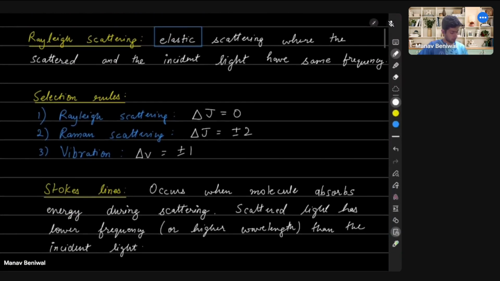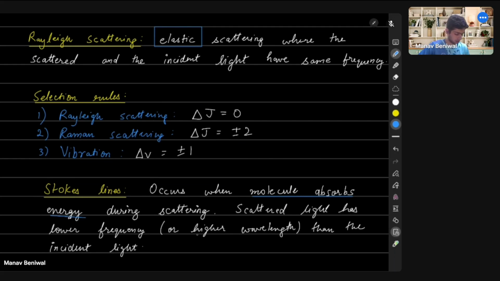Here it is clearly written that the molecule absorbs energy during scattering. So when it is absorbing energy, the scattered light will be of lower frequency, right? Because energy is h nu. Now some part of nu has gone to the molecule, therefore the scattered nu will be less.